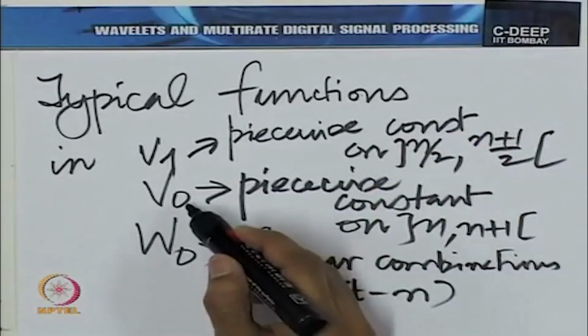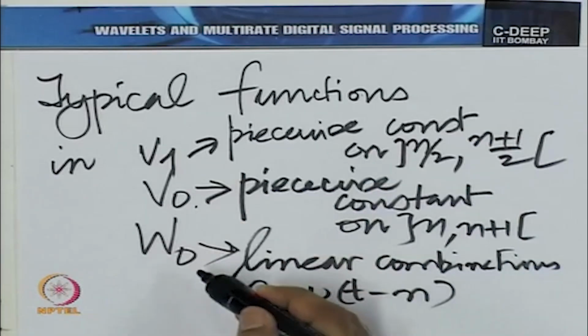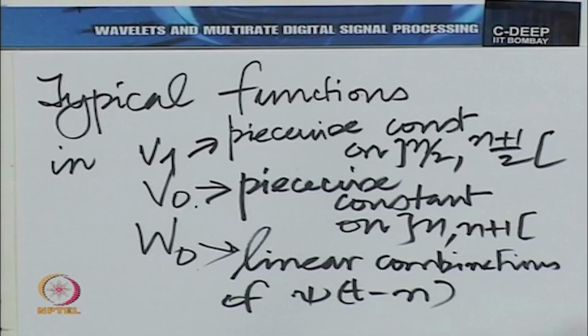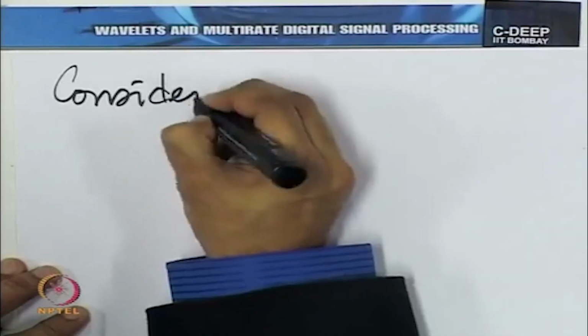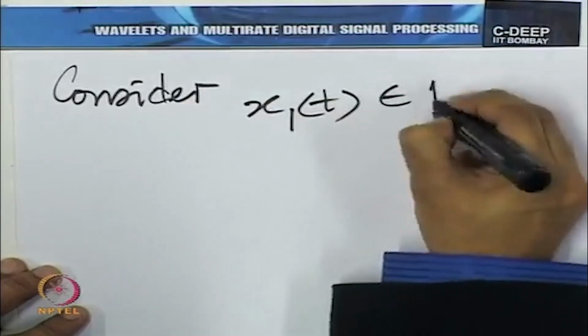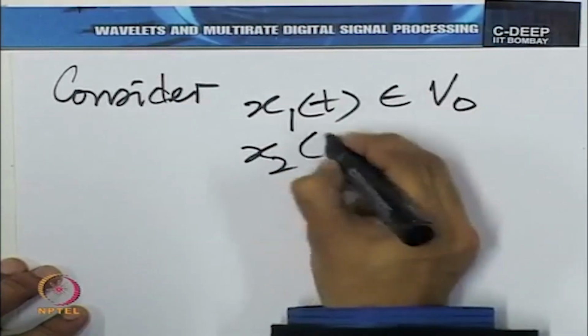Suppose we take a given function in V0 and a given function in W0. Now, what would the dot product be? So, what I am saying is, suppose we consider say x1(t) belonging to V0 and x2(t) belonging to W0.